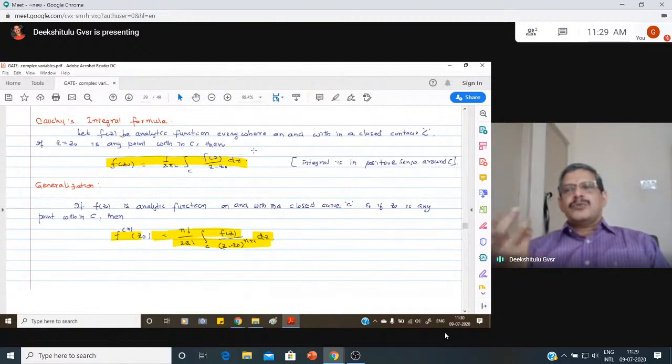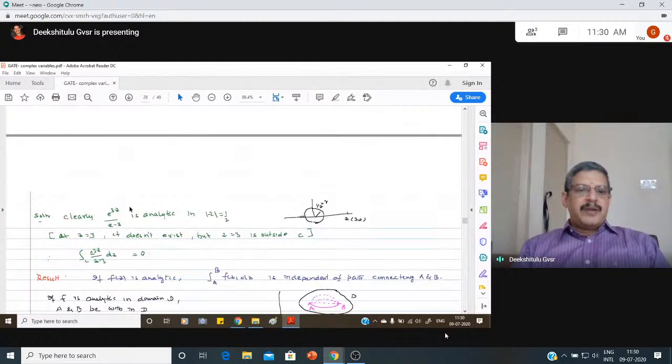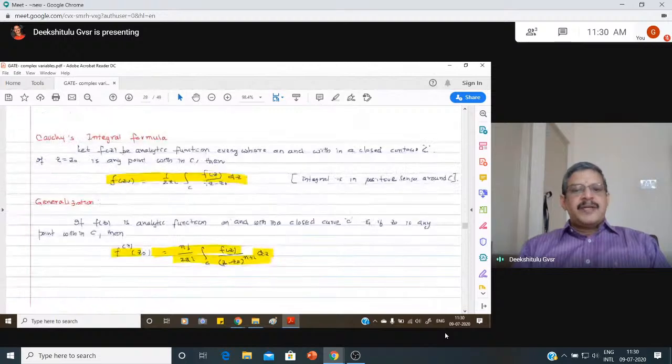The denominator goes to 0, that's a problem. So if z is equal to z naught is any point within C, then integral over C f of z by z minus z naught is equal to 2 pi i into f of z naught. This is exactly the problem I am talking about: f of z by z minus 1 by 4, f of z by z minus some z naught.